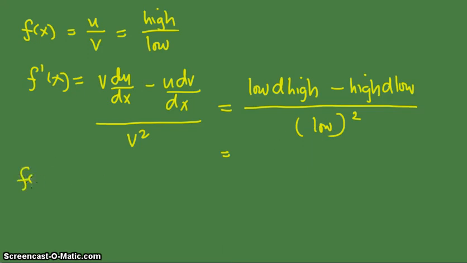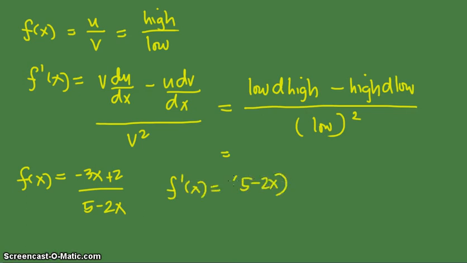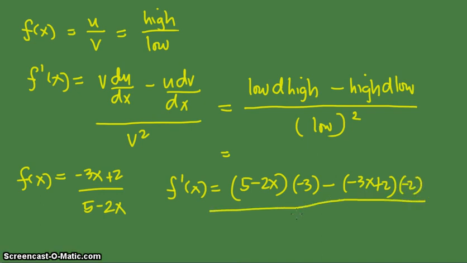So let's say I have a new function. Let's put a negative this time: negative 3x plus 2 divided by 5 minus 2x. Applying the rule, the derivative will be low, 5 minus 2x, times d high, the derivative of the numerator, which is negative 3, minus high, negative 3x plus 2, times d low, the derivative of 5 minus 2x, which is negative 2, then everything divided by 5 minus 2x squared.